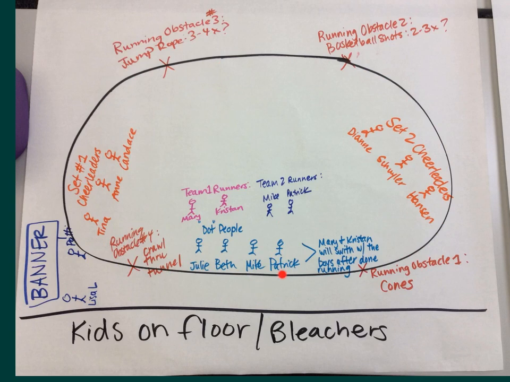So Mike, you're up first. Patrick, you need to be up here waiting for him at obstacle 3. Mike, you're going to go through obstacle 1, obstacle 2, hand off the candy cane to Patrick. Obstacle 3 and 4, Patrick, you're going to go get the dot. You guys are going to switch.